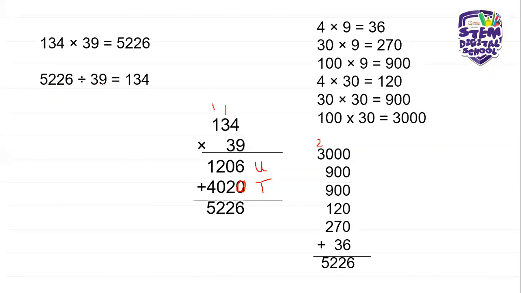These two multiplied together will give you this, and when you divide 5,226 by 134, you'll get 39. That's how it works. That's the magic of it.